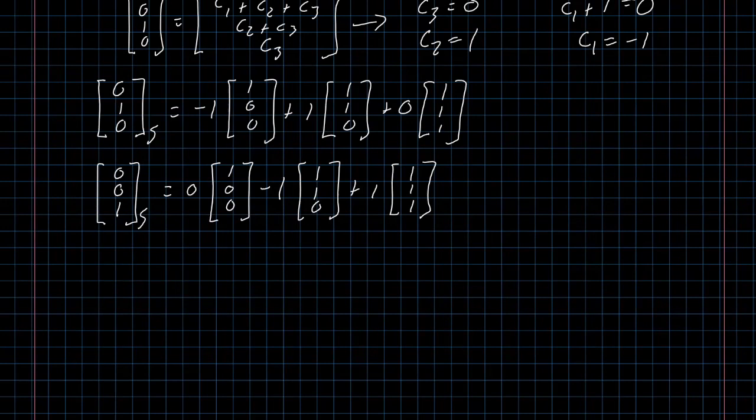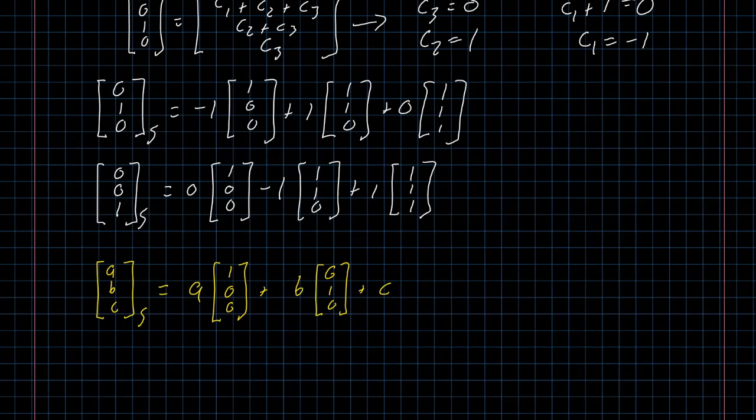And so, if I have an arbitrary vector, and I'm going to actually do this for an arbitrary vector, A, B, C, that I want to represent under S. Well, representing the arbitrary vector under the original basis vectors is pretty straightforward. It's A times 1, 0, 0, and B times 0, 1, 0, and C times 0, 0, 1.